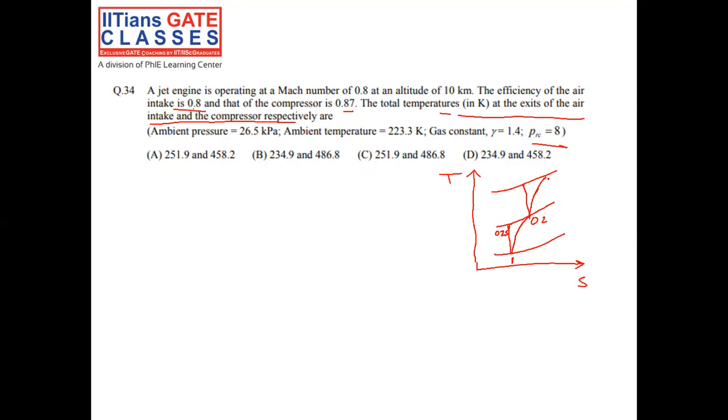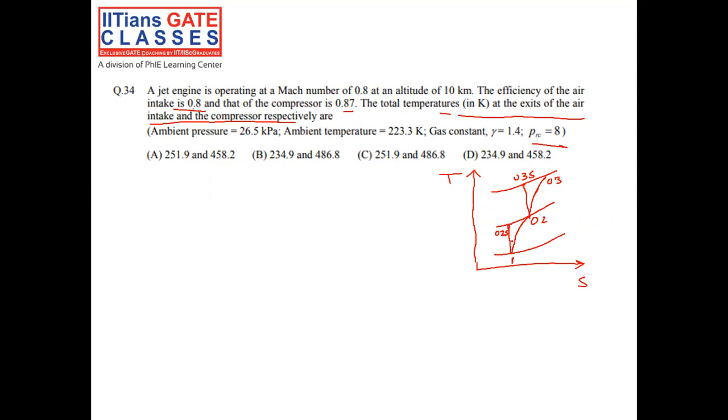And 2 to 3 denotes the flow through compressor. And this 3s point denotes the isentropic condition, same as 2s, which denotes the isentropic condition.